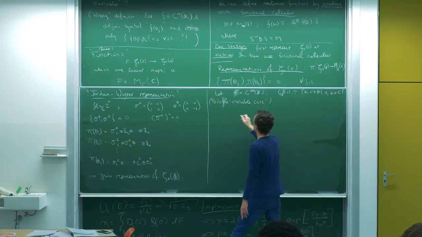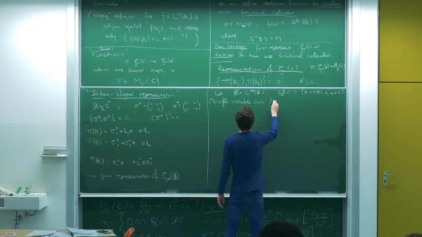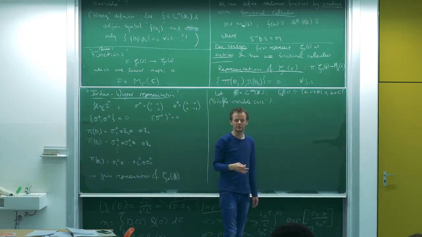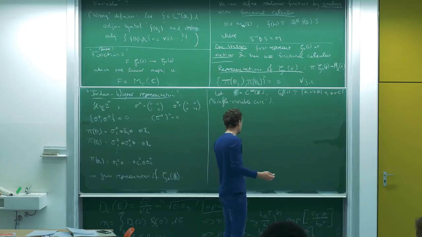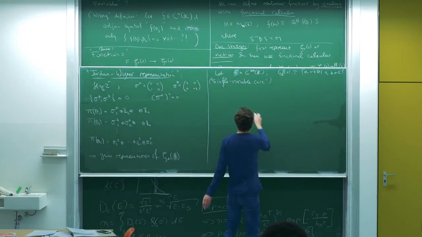And well, what should it obey? How should this definition work? Well, it should behave nicely, or should be the same as the functional calculus on the representation that we have there.